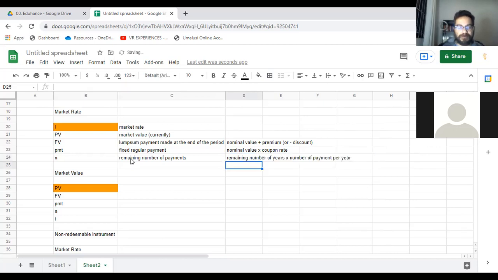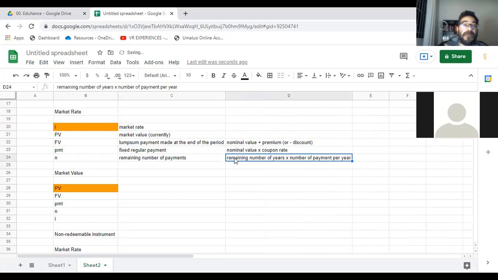For example, you have a 5-year loan and you make payments twice a year. So N is number of years, 5, times number of payments per year, 2. Therefore, N is 10.